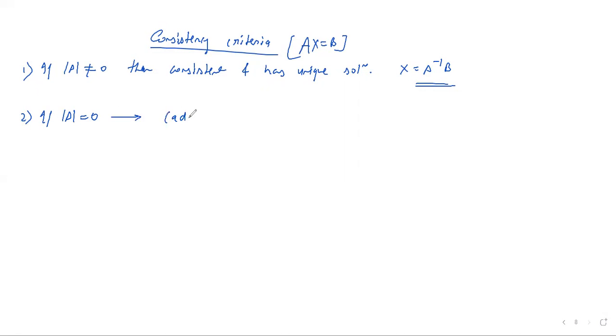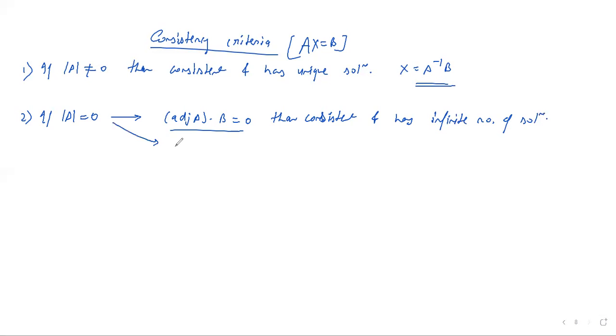In this case, if the adjoint of A times B is equal to 0, then the system is consistent and has an infinite number of solutions.